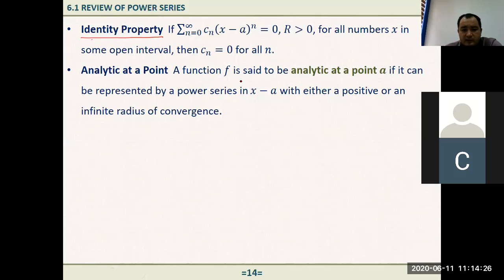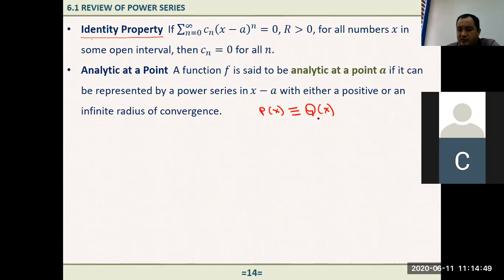When we just say identity, for example, let's say this P of x is identically equal to Q of x. What does it mean? It means that for every value of x in the interval of definition, this P is equal to Q.